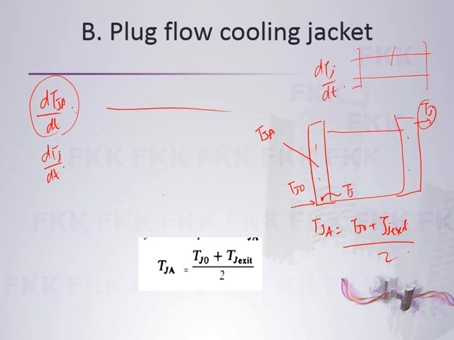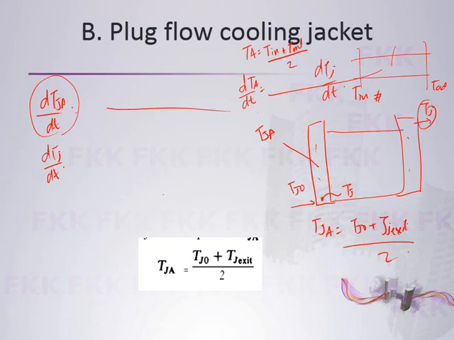So the temperature in is not the same as the temperature out. If you want to make things simpler, if you want to do the balance for temperature in the plug flow, you do dT on dt equals to, no, hang on, this is T average. Your T average is actually T in plus T out over 2. That's how you do it.